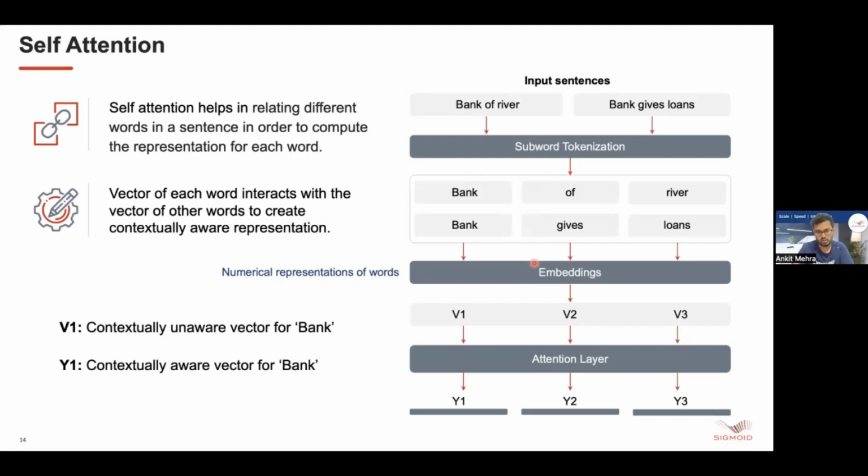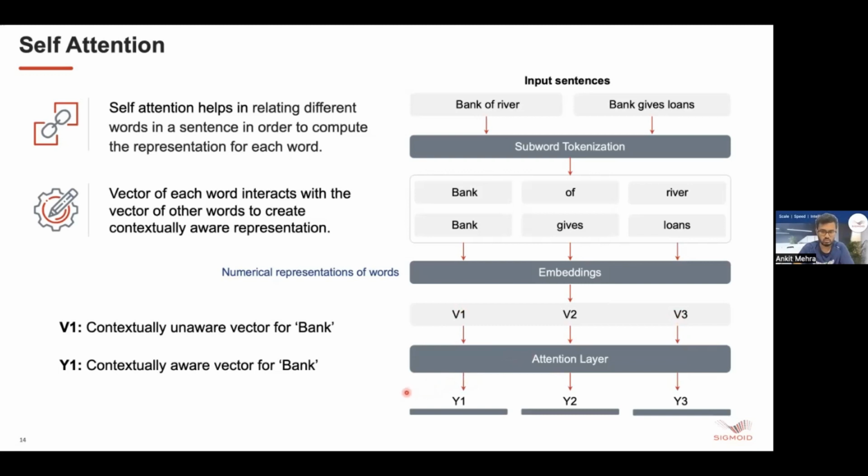Embeddings are basically numerical representations of these words. So for example, V1 represents the vector representation for the word bank, V2 for of, and V3 for river. After this, these embeddings are passed to the attention layer, where each vector interacts with the others to generate the context. For example, V1 interacts with V3 to learn that the bank is being talked about in the context of a river.